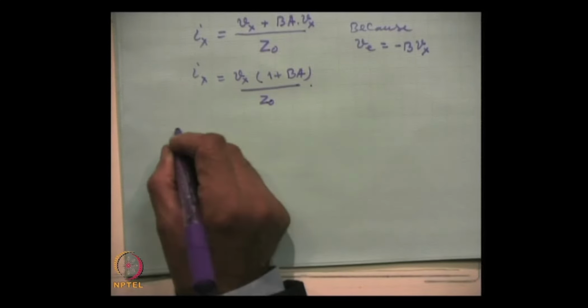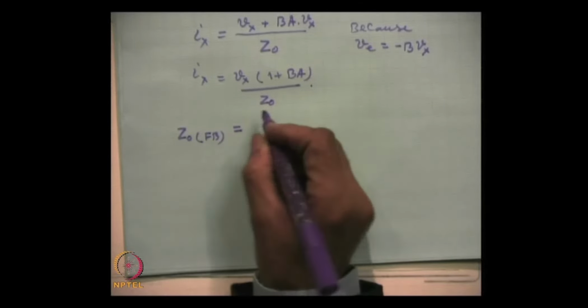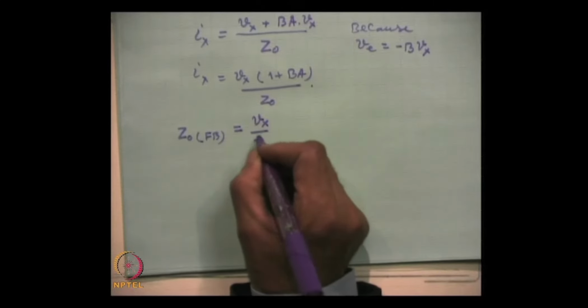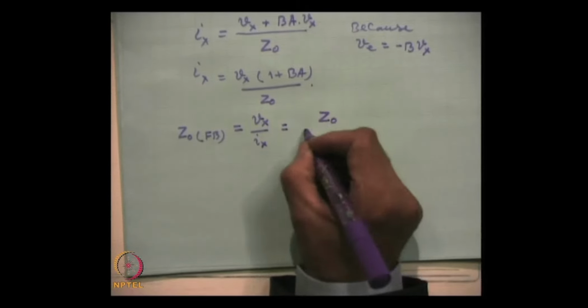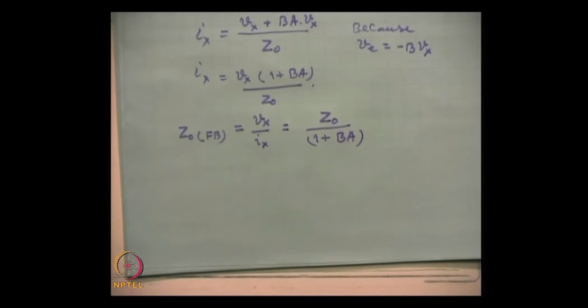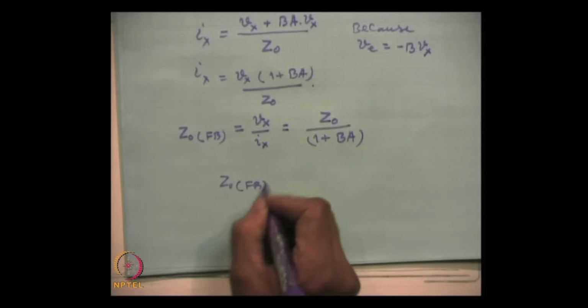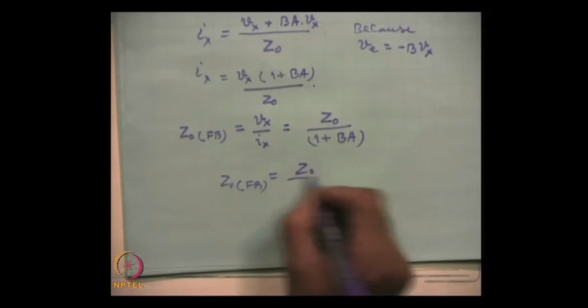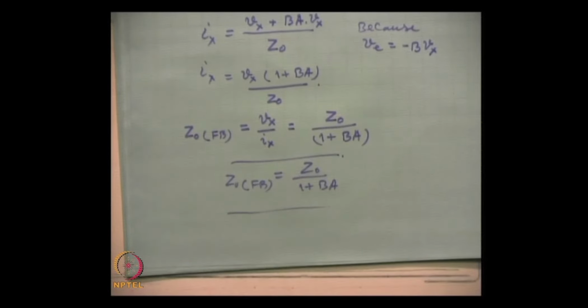The output impedance with feedback, by definition, is V x by I x, and this is equal to Z 0 by 1 plus B A, that is Z 0 F B equals Z 0 by 1 plus B A. This is the relation showing how the output impedance will be reduced by the factor 1 plus B A.